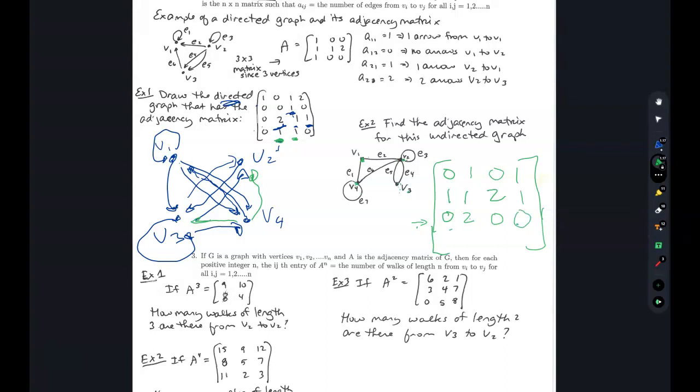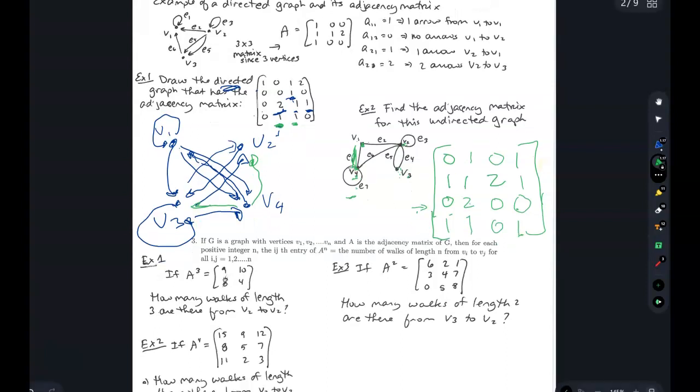All right, so then we're going to vertex V4. It's got a loop, so there's a 1. And so that's V4 to V1, that's not a loop, but that edge. Okay, V4 to V2, that's 1. V4 to V3, that's a 0. And V4 to V4, that's the loop, and that's a 1.